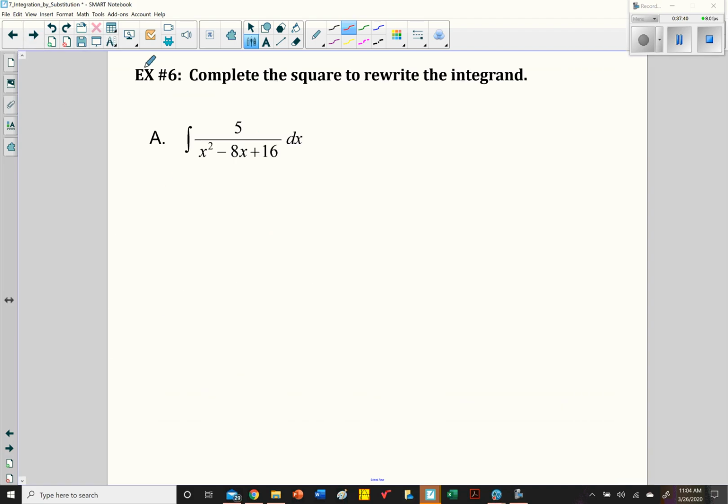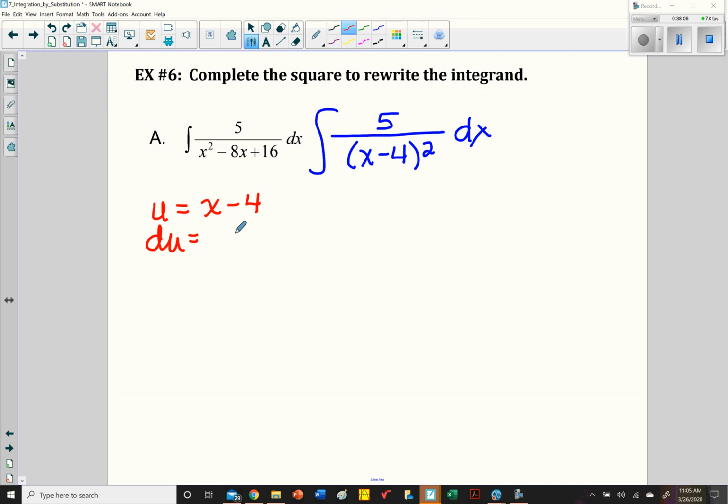Last example. Complete the square. So we can think of the denominator as a binomial squared. So if you see that you have a complete square on the bottom, your u would be x minus 4, and du would be just 1 dx.